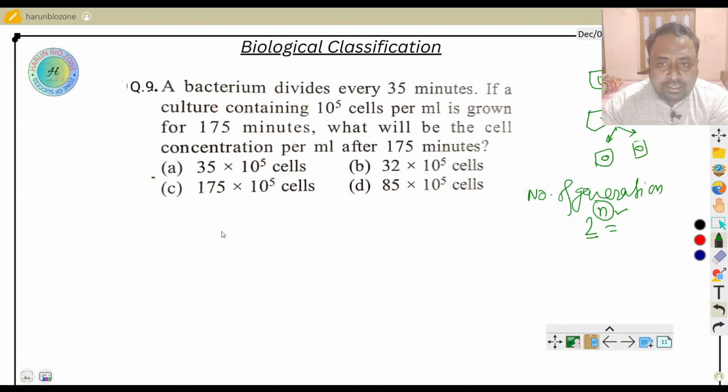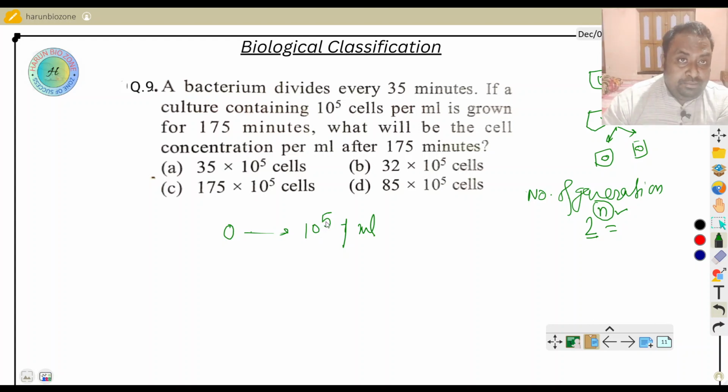So here when the generation number is 0, the number of cells in the culture medium is 10 to the power 5, meaning at the initial stage when the experiment starts, when the number of generation is 0, the number of cells per ml is 10 to the power 5. But in every 35 minutes a generation passes.